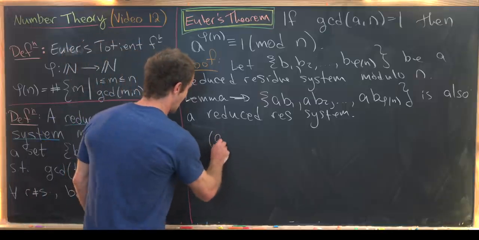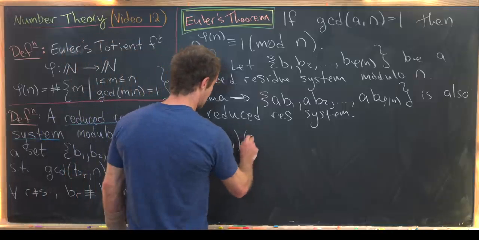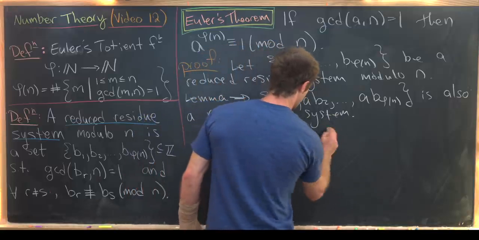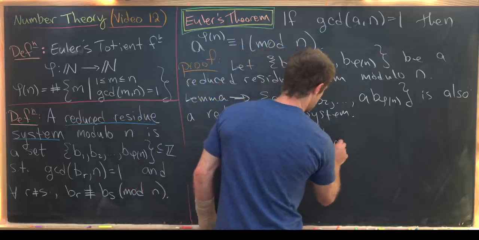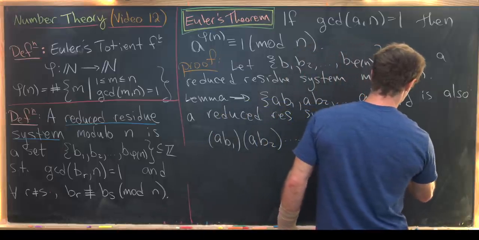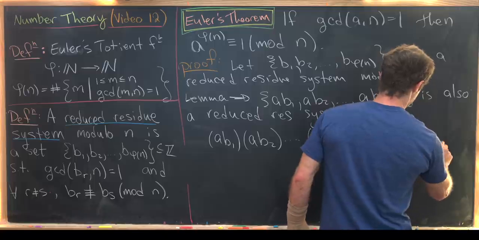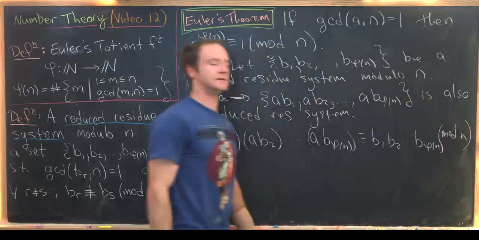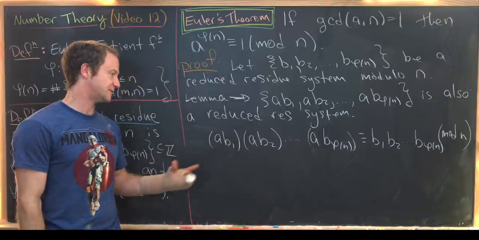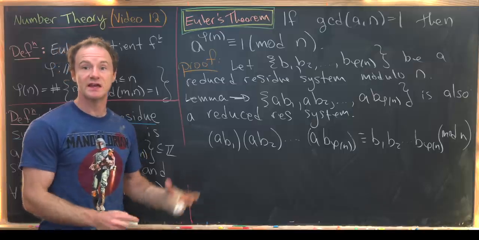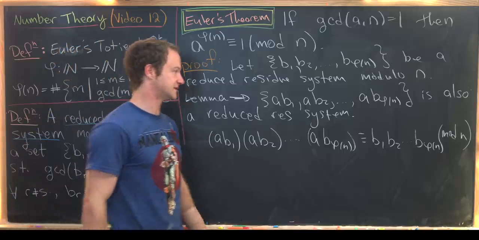That tells us that a b1 times a b2 all the way up to a b phi n is congruent to b1, b2 all the way up to b phi n, and that's occurring modulo n. And why is that? Well, that's because we're multiplying all possible residues modulo n just two different ways.